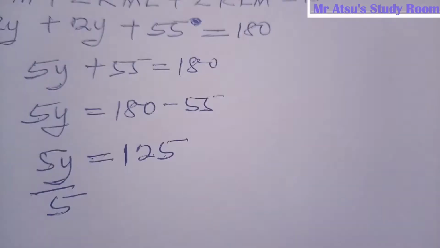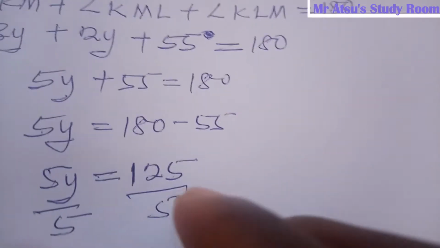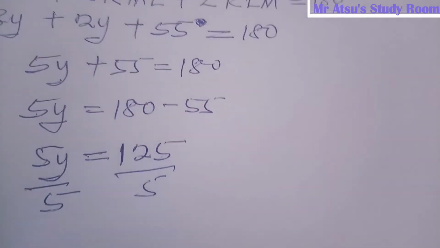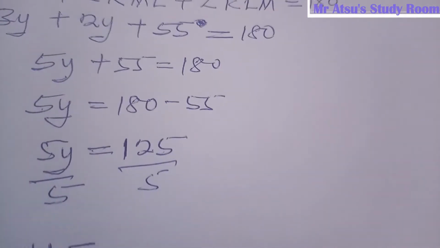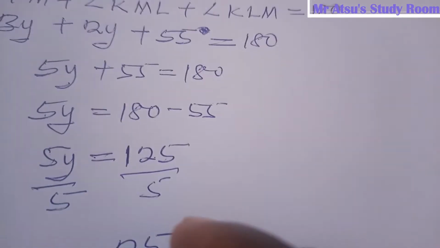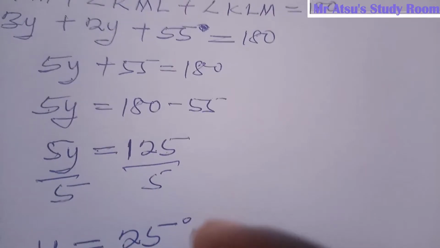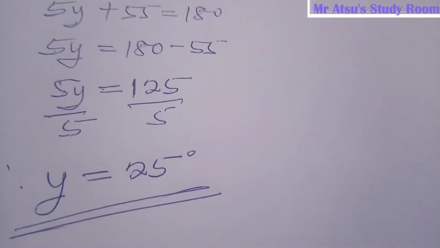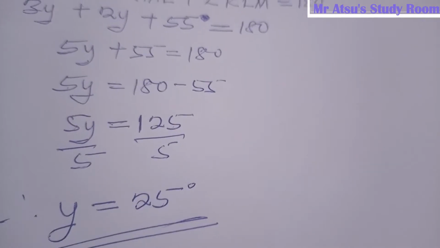Dividing both sides by 5, we are going to have our y to be 25 degrees, and that is our answer.